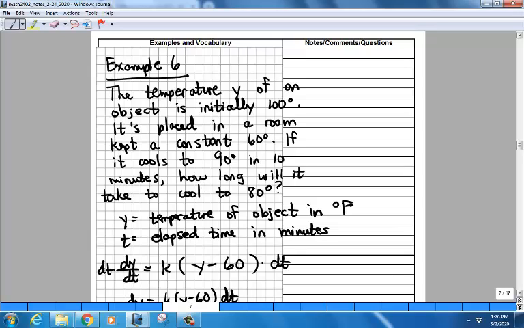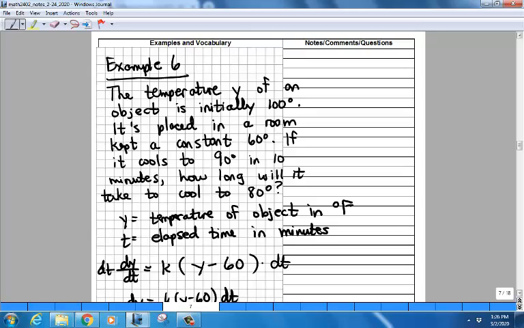So when we wrote down our differential equation, we wrote the rate of change is proportional to, there's our constant of proportionality, the difference between the temperature of the object, which we called y in this problem, and the temperature of the surrounding room.